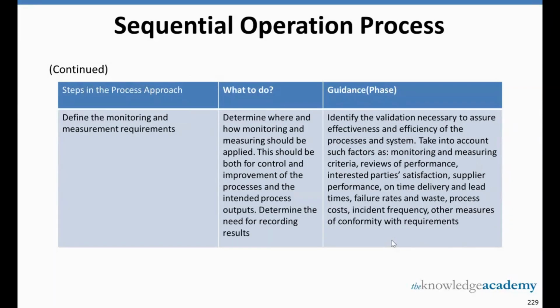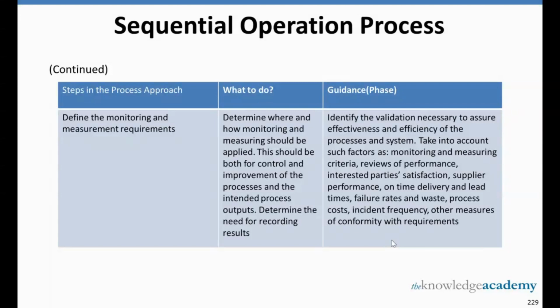Then we define the monitoring and measurement requirements. So determine where and how monitoring and measuring should be applied. This should be both for control and improvement of the processes and the intended process output. Determine the need for recording results. Then identify the validation necessary to assure effectiveness and efficiency of the process and system.